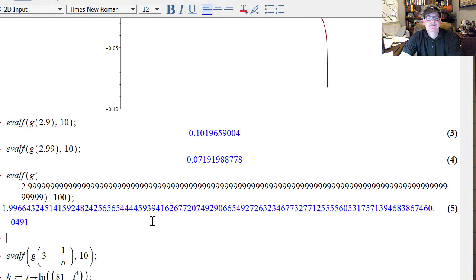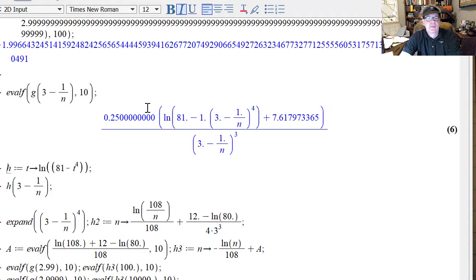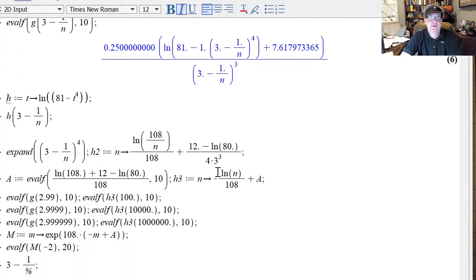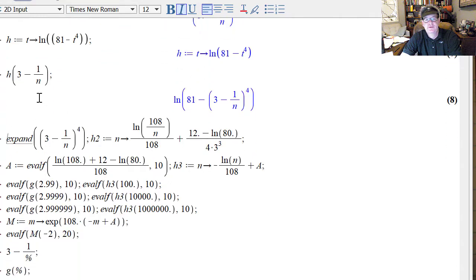Right, so there's G of, if T is 3 minus 1 over n, that's the 1/4 and so forth. But putting in the 3 minus 1 over n for the T and expanding, and then dropping the 1 over n squared, 1 over n cubed, and 1 over n to the 4th terms, they go to 0 much faster.